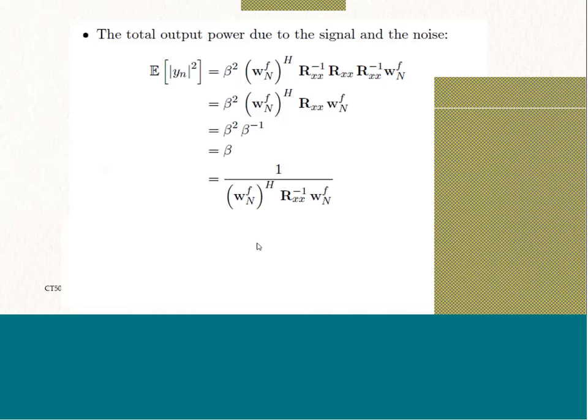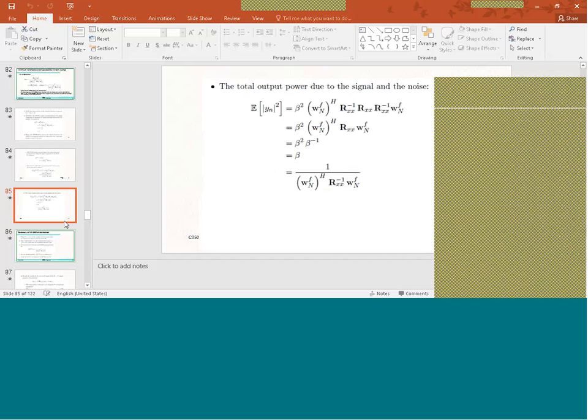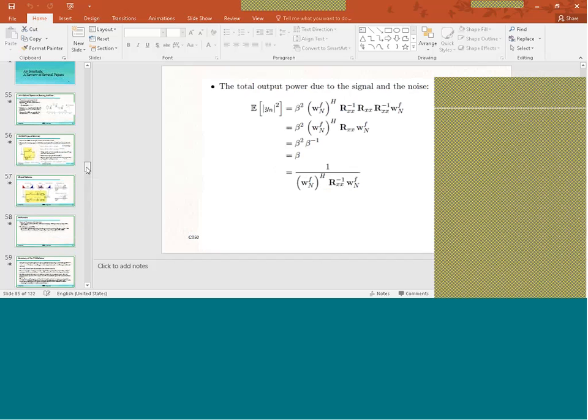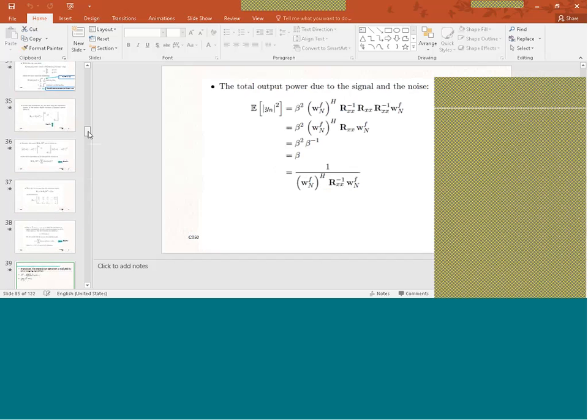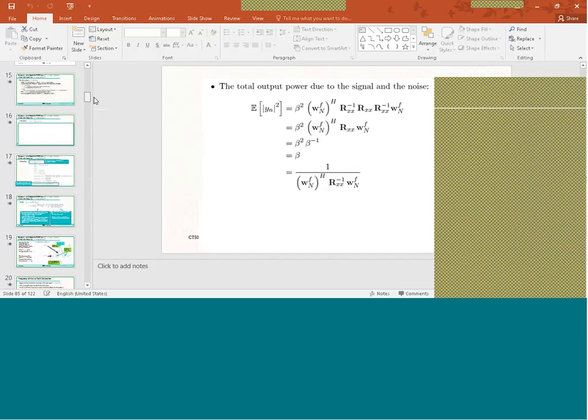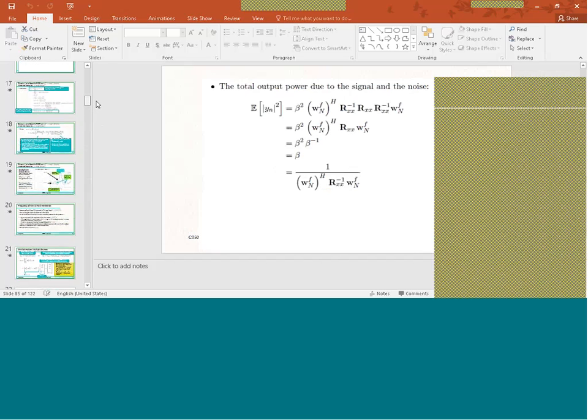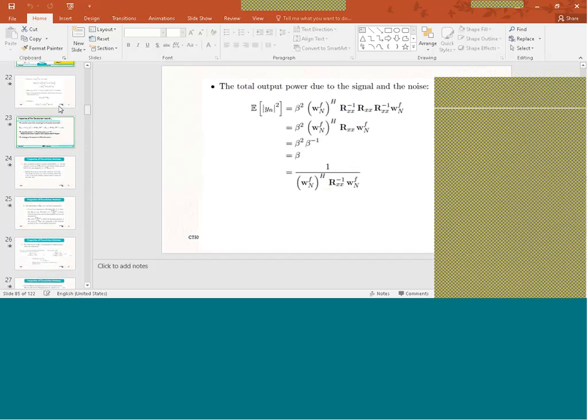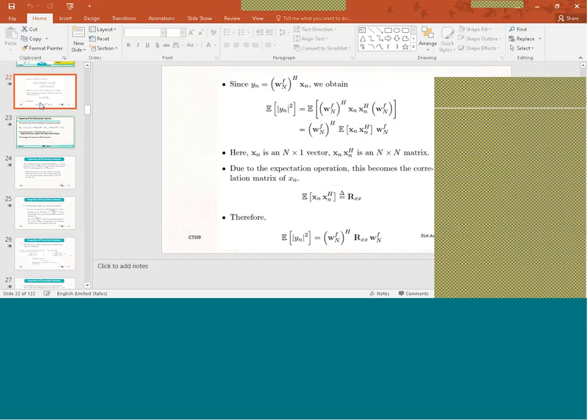So recall that we have already formulated the expression for the expected value of |yn|^2. We have derived it here on slide number 22.